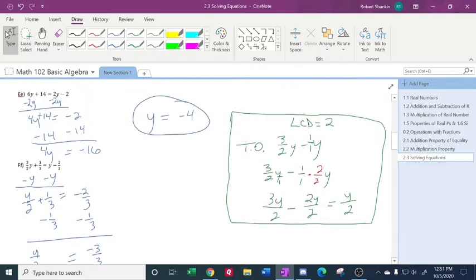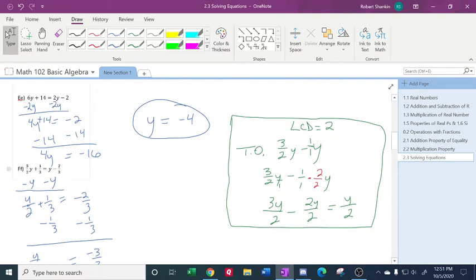All right, so what I want to point out again is F looks a lot more complicated than E, but the same principles of what we accomplished in E in the same order is what we're going to do in F. So notice there were 4 terms in E. 2 terms contained the letter Y, 2 terms did not. 4 terms in F, 2 of them contain a Y, 2 do not.